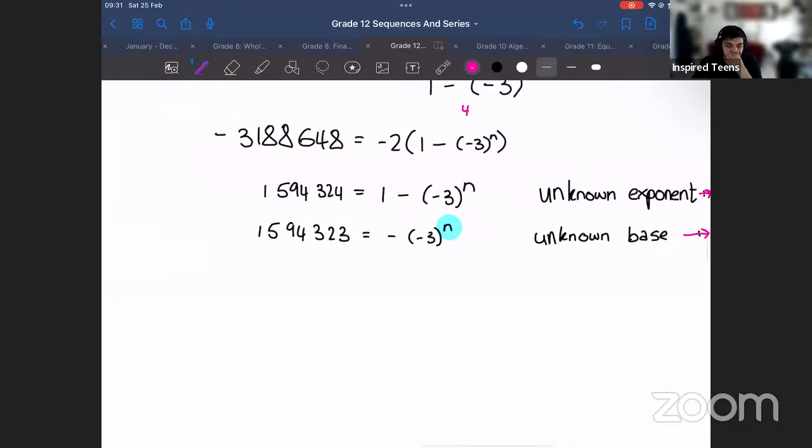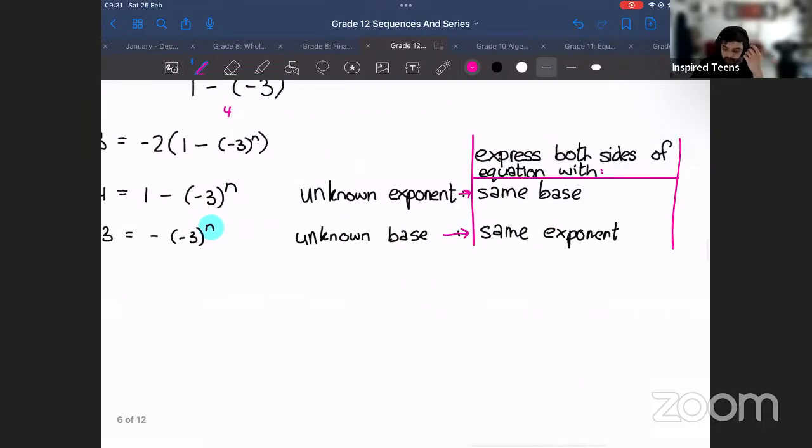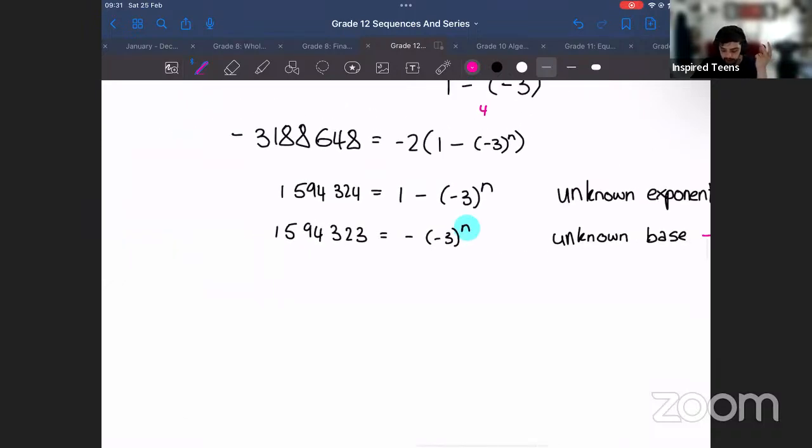Okay, so in this case, unknown exponent. When I have an unknown exponent, I want to express both sides of the equation with the same base. So basically, I need to get it to a base of -3. Let me just think.